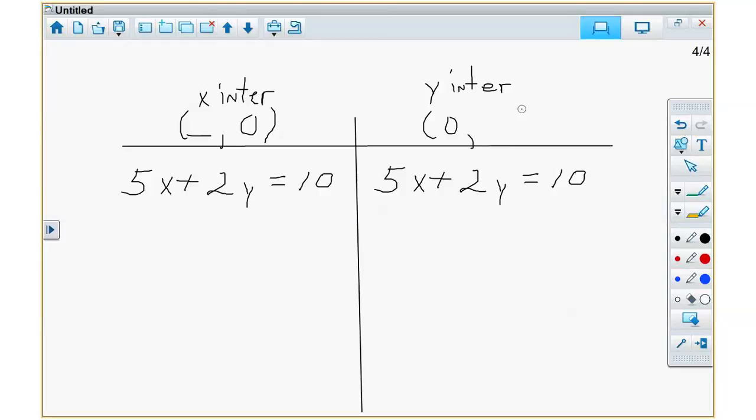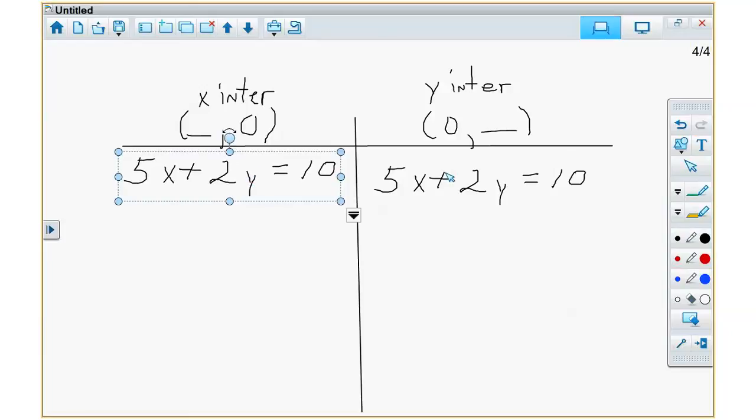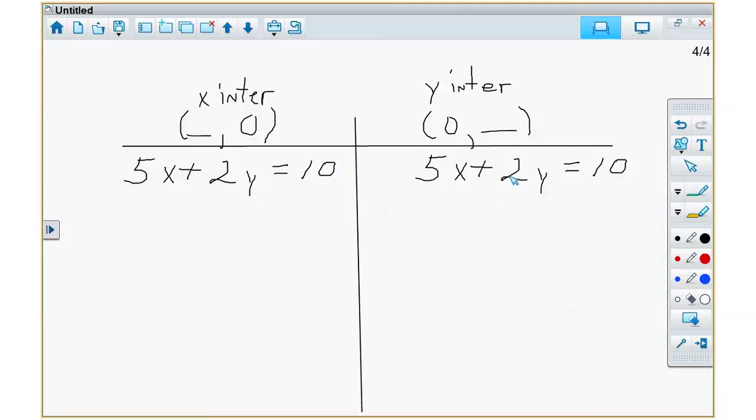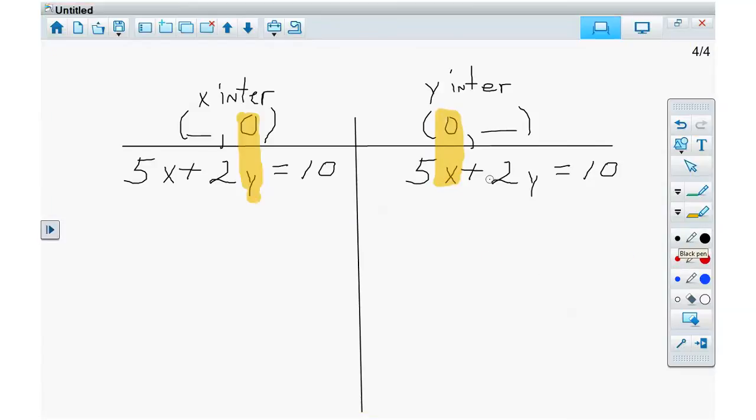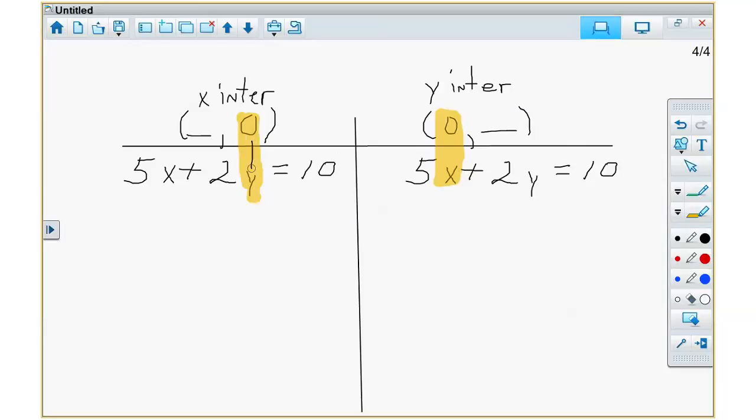X. Right after you do these two things, I take the equation and line it up to where the y and the x are right under the 0. Then you can just look at it and say, I've got to plug in 0 for y, and I've got to plug in 0 for x. And when you do that, what happens to that term? It cancels.